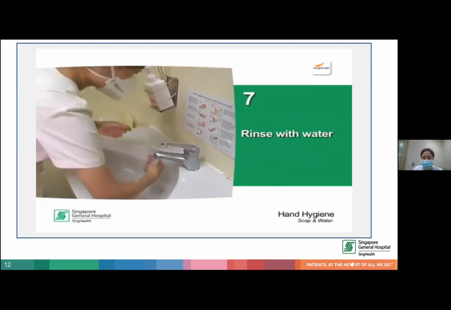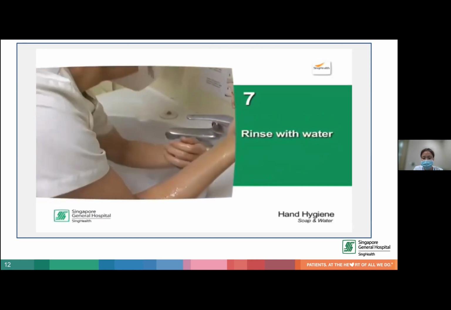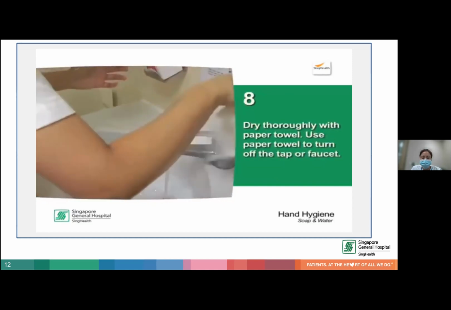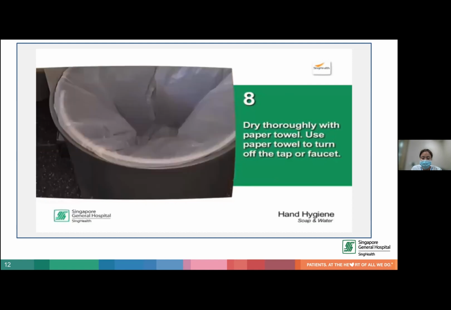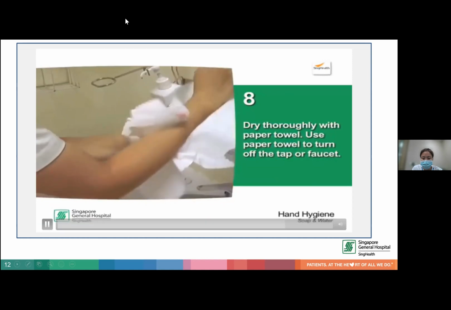Rinse with water. Dry thoroughly with paper towel. Use paper towel to turn off the tap or faucet.